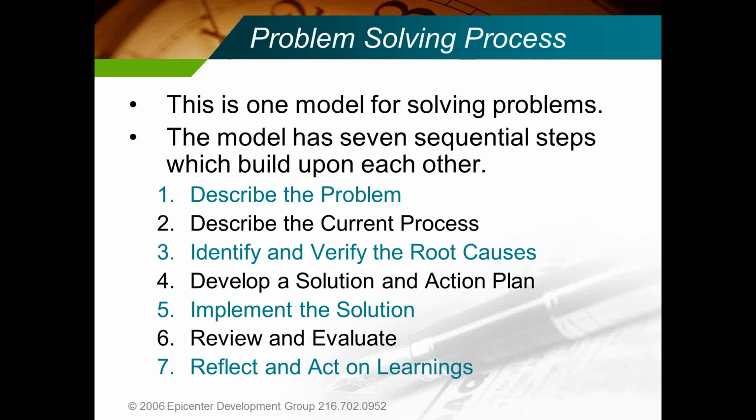And there are other processes out there, like Plan, Do, Check, Act. There's a lot of different ones out there that all follow the same kind of thing, where you have to plan what you're going to do, collect information, do it, and then make sure that it did exactly what you wanted to do.